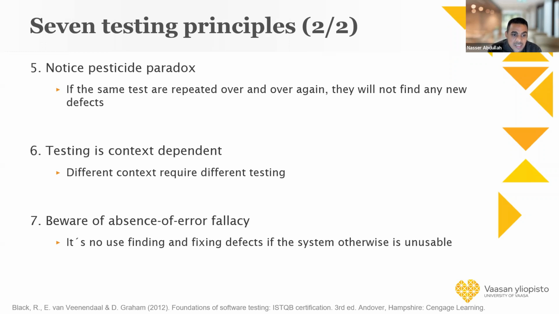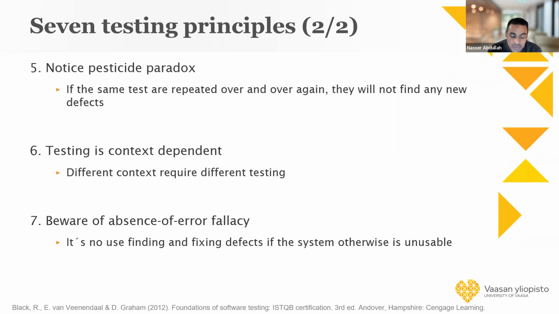Principle number 6, testing is context dependent. What do we mean by dependent? It depends on the system itself. The testing depends on the software itself.